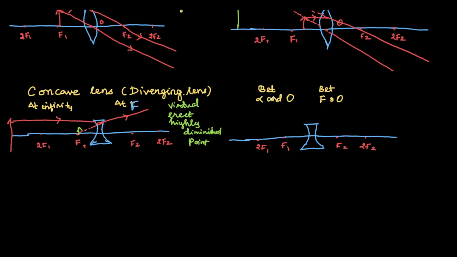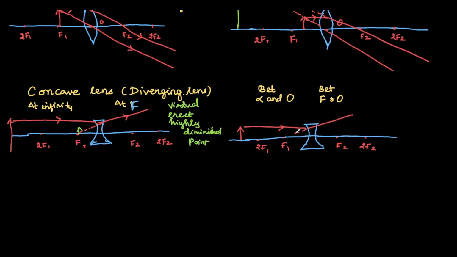When we keep the object between infinity and O, in the same way the light from the object parallel to the principal axis gets diverted.